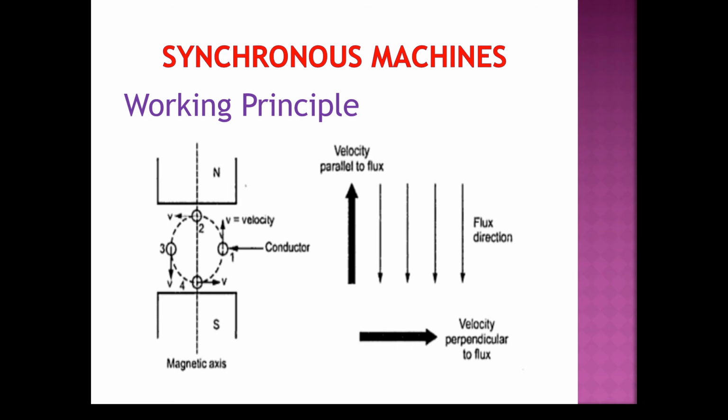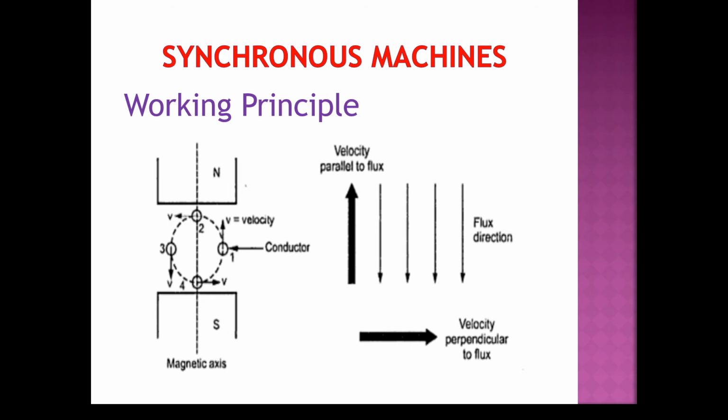From position 3 to 4 it will move, and at 4 it will achieve maximum in the opposite direction. We have to remember here that it is in the opposite direction now. The entire velocity component becomes perpendicular to the flux line. From 4 to 1 the induced EMF will decrease, and finally at position 1 it again becomes 0.